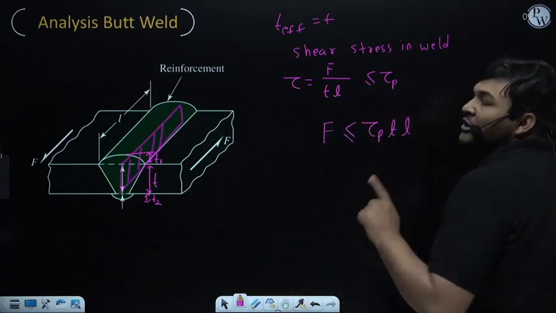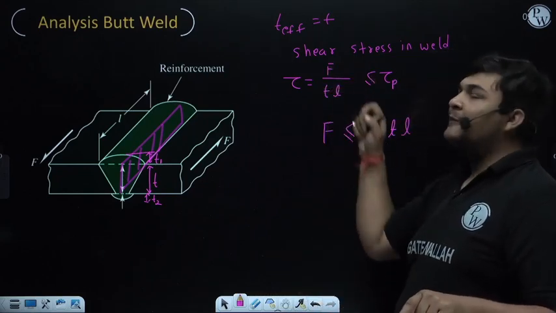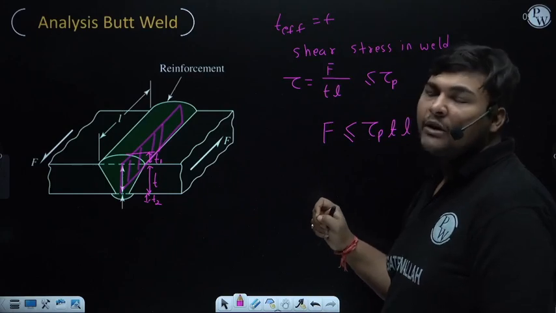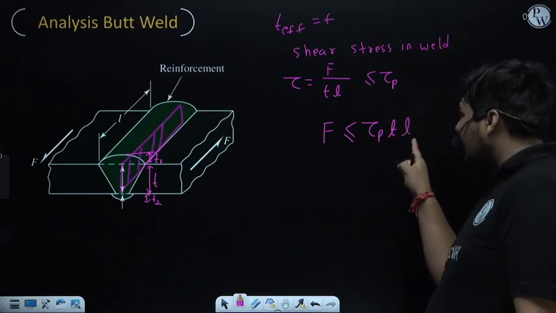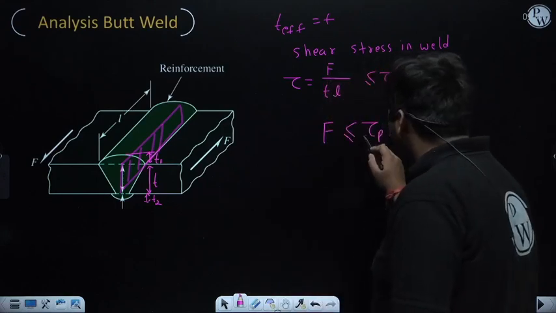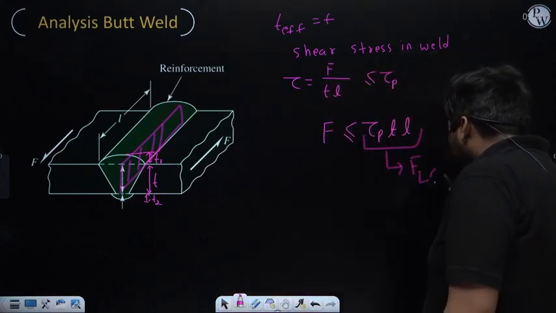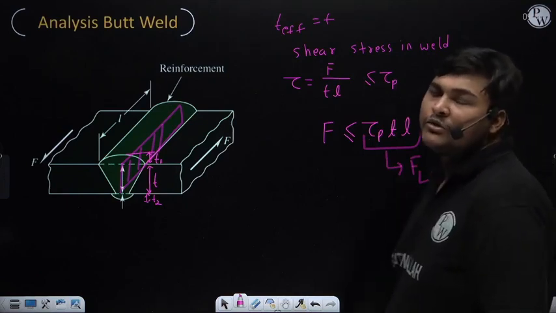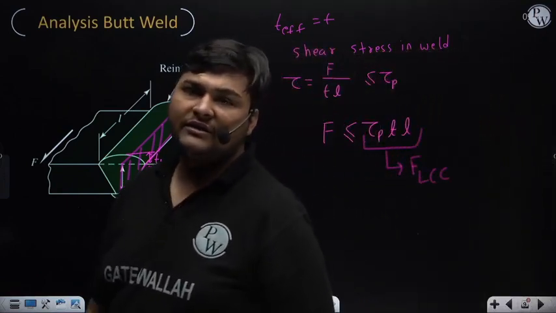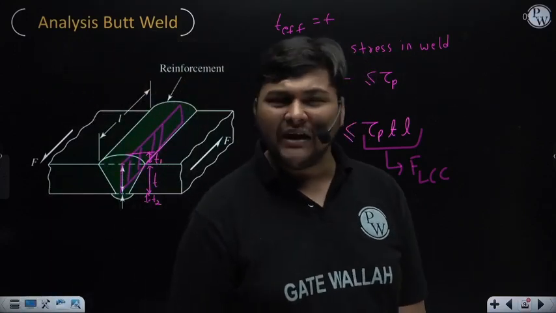Why? Because if we want to keep ourselves on the safer side, this actual stress should be less, for that F should be less. So to keep ourselves on the safer side, actual F should be either equal to this or less than this. It means you can understand this parameter we can also refer to as the load carrying capacity, because actual F should be either equal to this or less than this. So this is the analysis of butt weld. It is very simple.